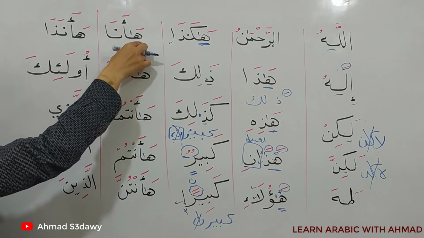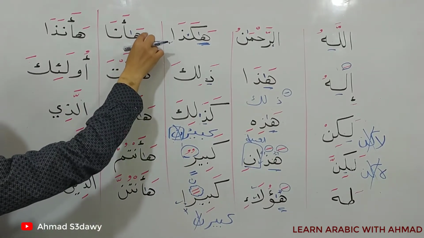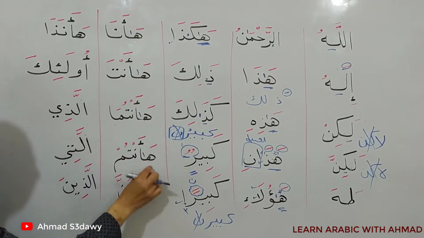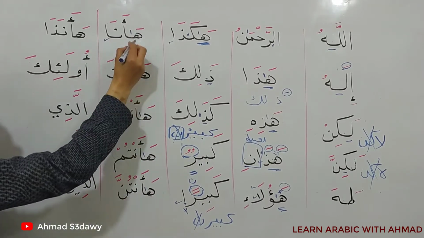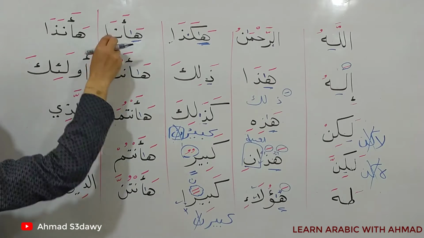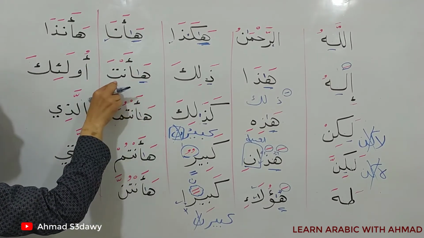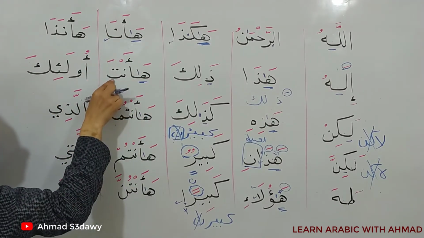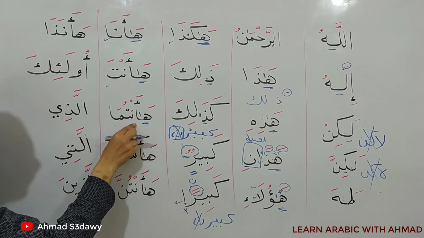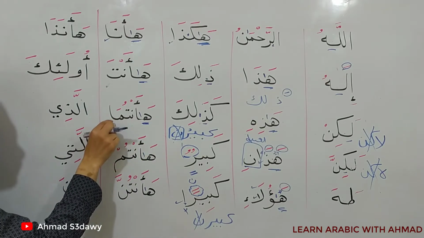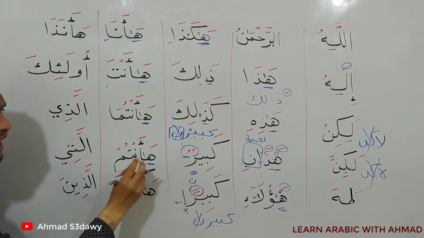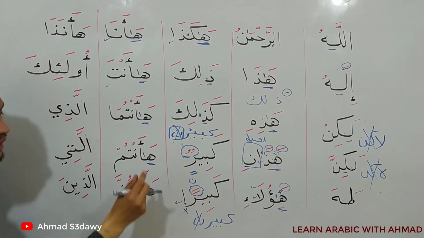So you have to say ha. You lengthen the sound of the fatha on the ha here. Okay? So you say ha ana, ha anta, or ha anti. Ha antuma. A long vowel with alif again. Pronounced and written.